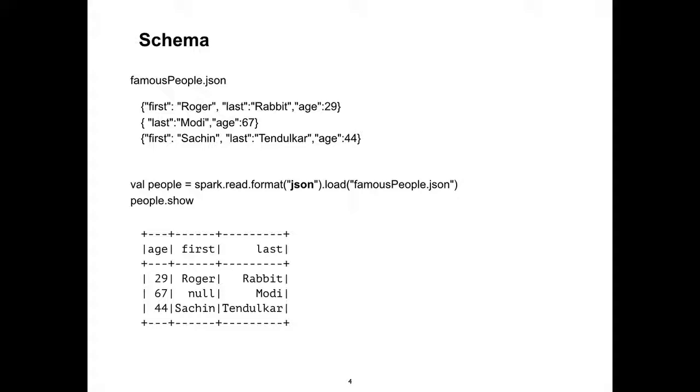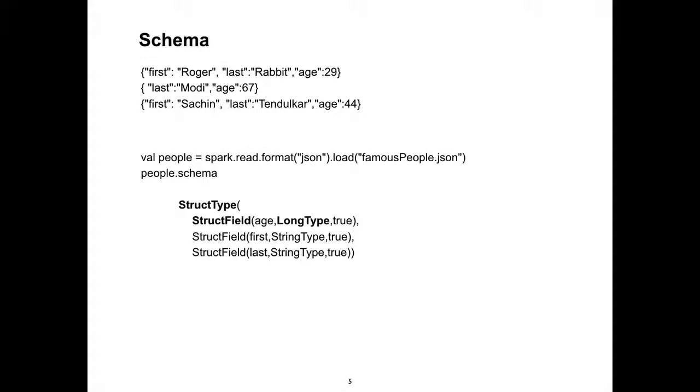And so what's happening in JSON, when I read JSON, it's using the keys as the names of the columns, and it's guessing the types. So when we load the file, then ask for the schema, we get the schema, and it's basically a struct type, which means it's a compound type.